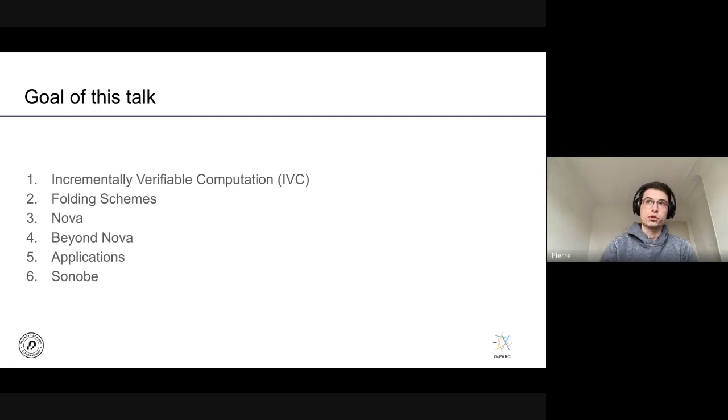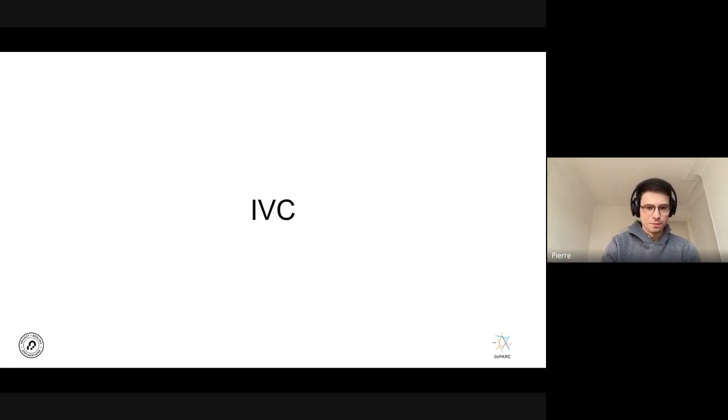And also post-quantum secure IVC schemes using folding, such as LatticeFold that came out not too long ago. Then I will walk you through the different applications and make a first touch on what Sonobe is. Okay, so we have some stuff to go through ahead. So let's start now. Let's start with what IVC is.